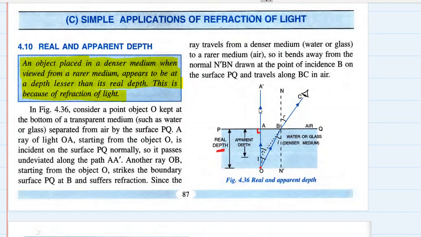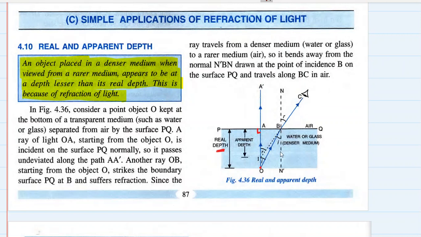Okay, let us consider one more ray of light, which is reaching the eye, because you are viewing this object not exactly from vertical, you are viewing it from a slant position. So the ray of light which is reaching your eye after refraction is OB, the incident ray, and BC, the refracted ray.